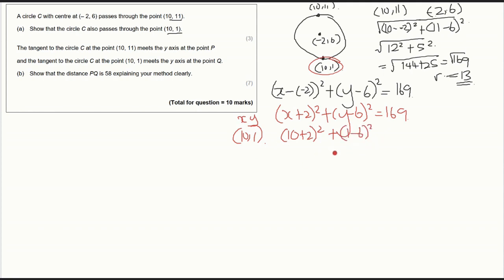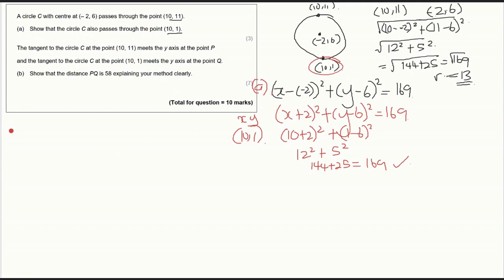So this would give me 12 squared plus (1 minus 6), which is 5 squared, and this is 144 plus 25, and this is equal to 169. Therefore yes, that's shown that the point (10, 1) is on the circle. Okay, that's for part A, done.